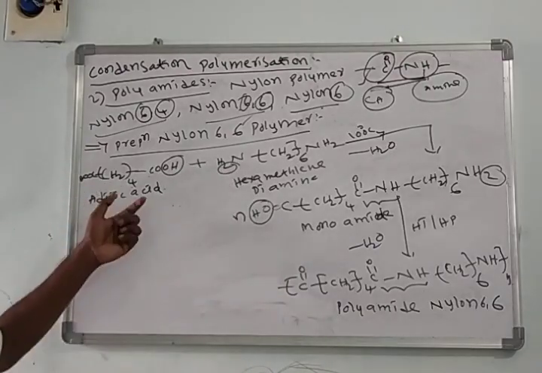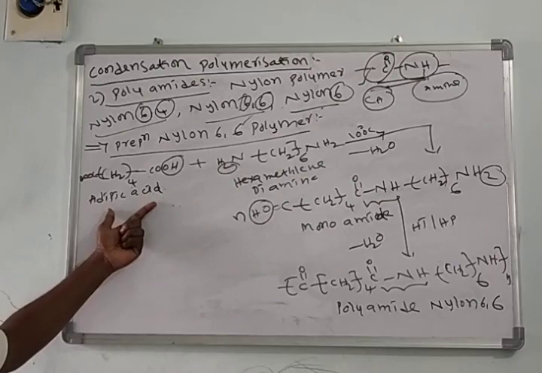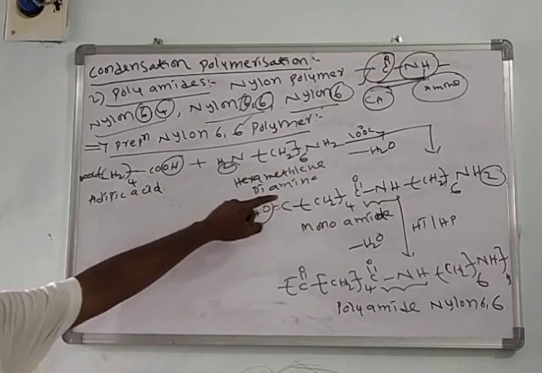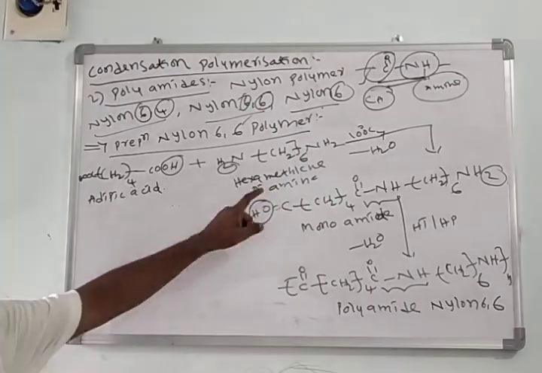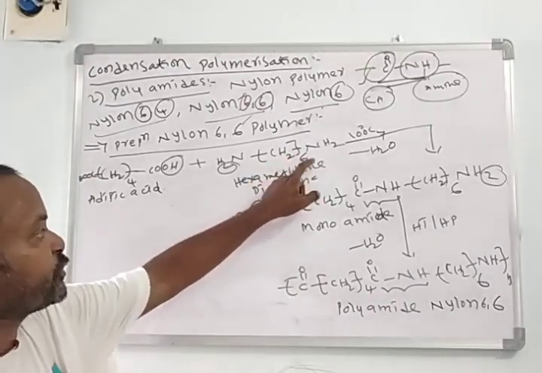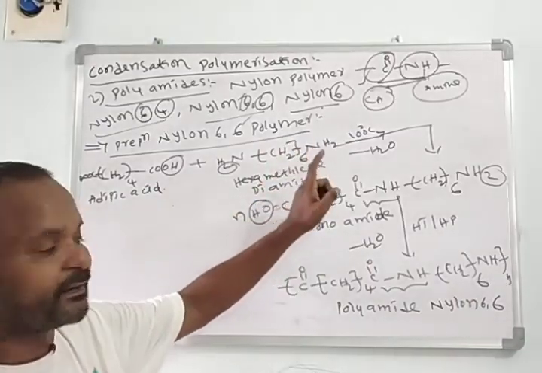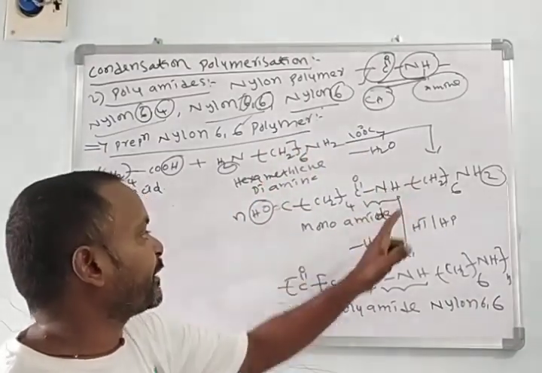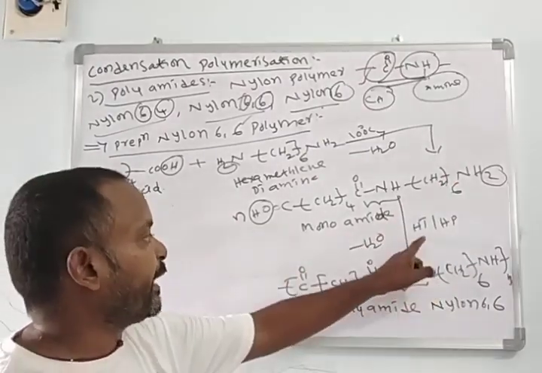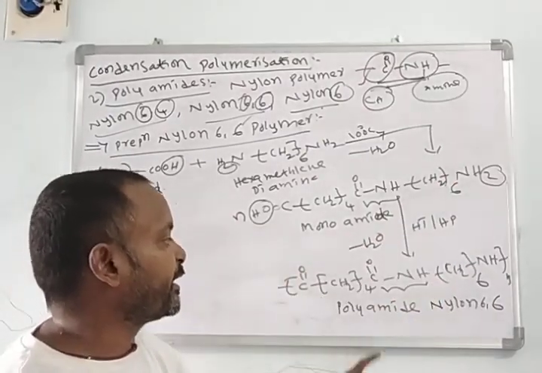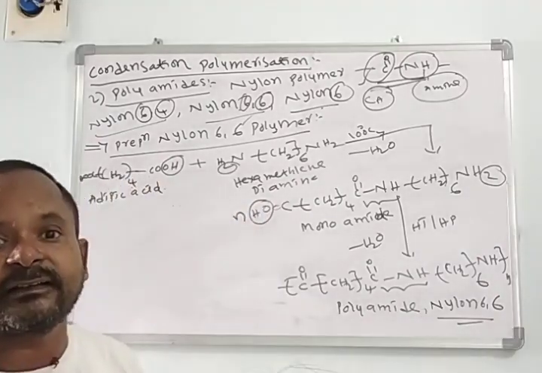See how we prepare the nylon 6,6 polymer. Adipic acid reacts with hexamethylene diamine. Hexamethylene diamine means CH2 6 times, 6 carbon atoms. At 100 degrees centigrade we'll get the monoamide, and at high temperature and high pressure we'll get the polyamide. This we call the nylon 6,6 polymer.